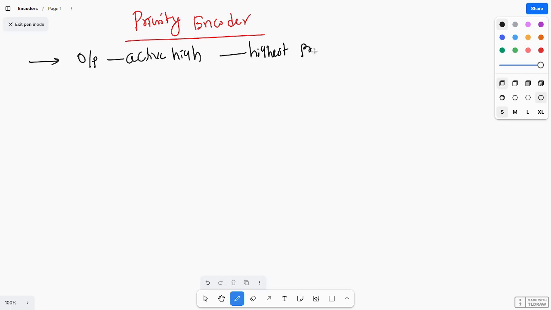Suppose four inputs are there, y3, y2, y1 and y0.